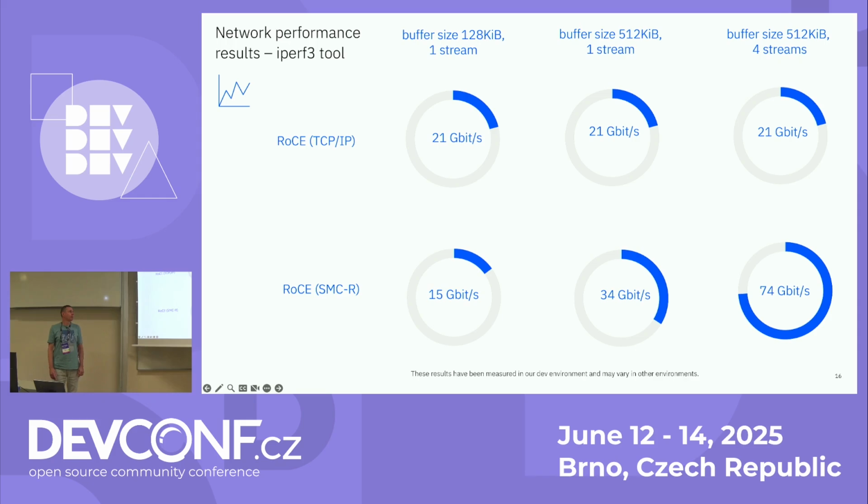And if, in addition to that, we use several parallel streams, then the speed becomes 74 gigabits per second, which is 3 times faster than TCP. And as you can see, these 2 parameters don't have any impact on TCP performance, which is always the same.